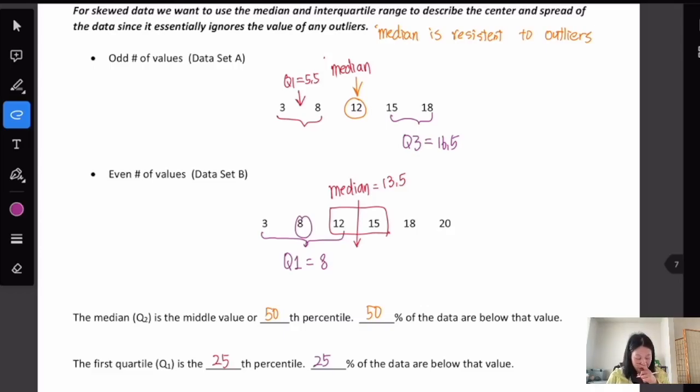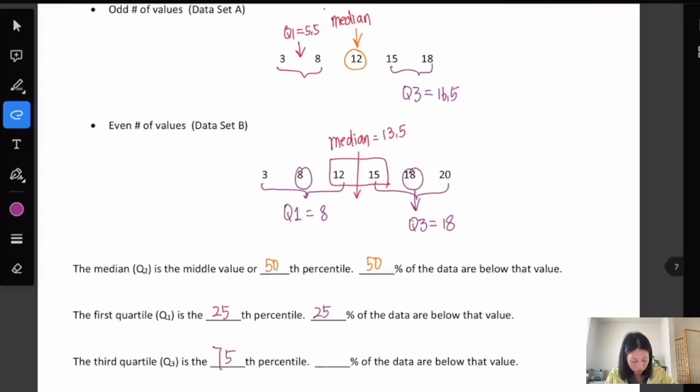So for data set B, our median does not come from the data. So from the median, we have 15, 18, 20. These three data are left out as the second half, or the rest of the data. You take the half of the biggest 50% of the data, and the middle of the 50% of data is going to be your Q3.